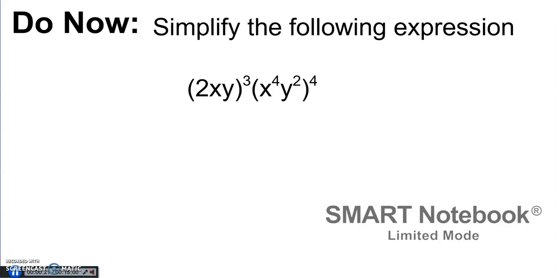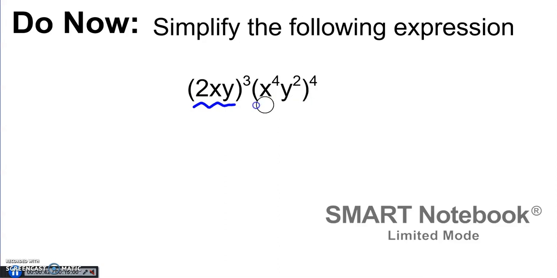So in here we have 2xy getting raised to the third power, and then x to the fourth times y squared getting raised to the fourth power. So we always work inside our parentheses. We have 2xy, and we can't simplify anything there. We have x to the fourth, y squared. We can't simplify any of that.